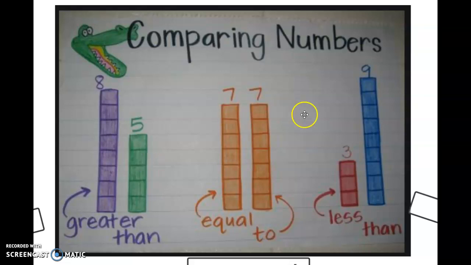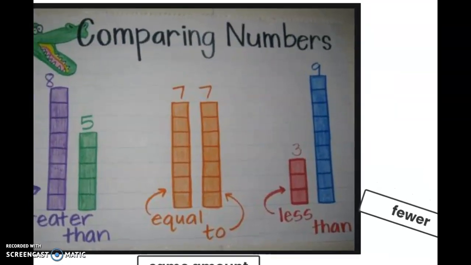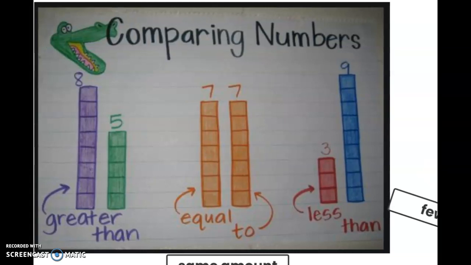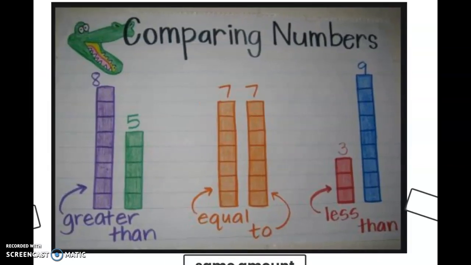All right, the next word we learned is less than or fewer. Everybody say fewer. Everybody say less than. If I ask you which one has less or fewer, I'm looking for the smaller amount or the smaller group or the smaller number. So look at the red, which has 3, and the blue, which has 9.